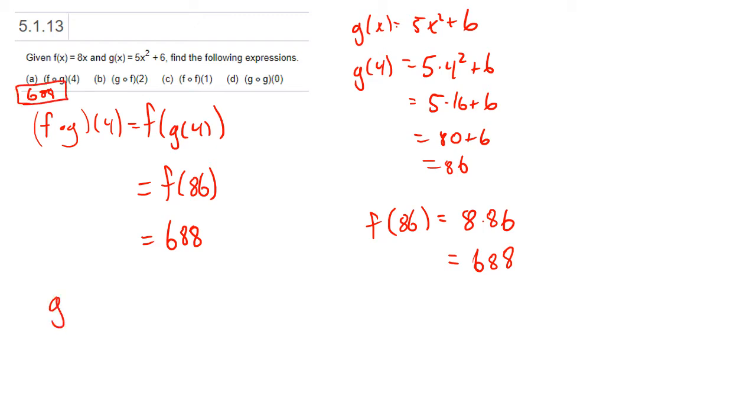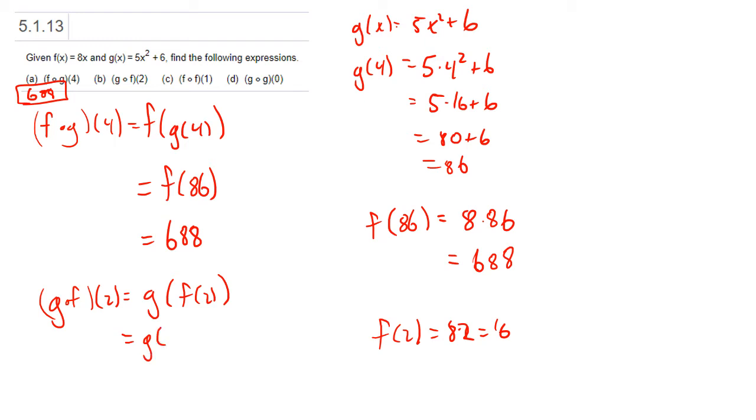Okay, similarly, g of f of 2, the first thing we're going to need to compute is what is f of 2? Well, f of 2 is 8 times 2, which is 16, so then I need to compute what is g of 16. Well, g of 16 is 5 times 16 squared plus 6. 16 squared is 256. 5 times 256 is 1,280.